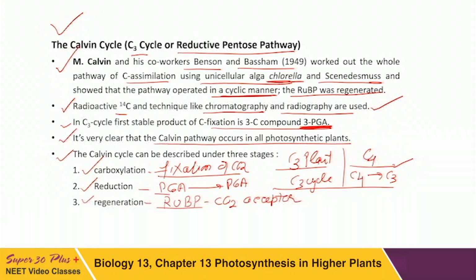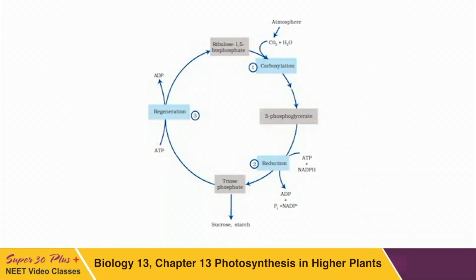We can see, children, now the cyclic way. We have 3 important steps. This one is carboxylation. This is RuBP, which acts as the CO2 acceptor. It will receive the carbon dioxide, as a result of which 3-phosphoglycerate will be formed. By using ATP and NADPH, that will be reduced. The second step is reduction.